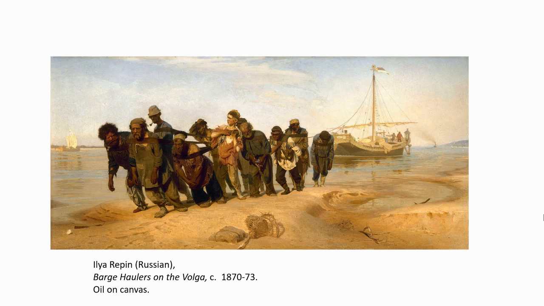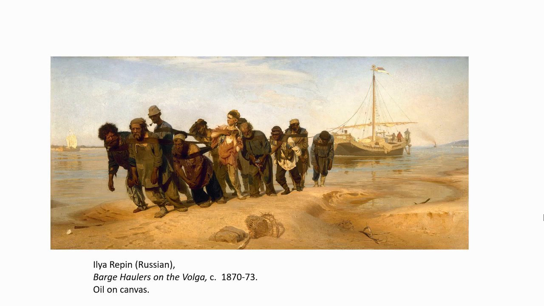And of course, in Russia, you still had a system where these people were living in serfdom. They were living almost as indentured slaves. And you can see where they are using these men to haul that barge, so that boat in the back, onto land. And what you'll see with this painting is that this is in the 19th century.